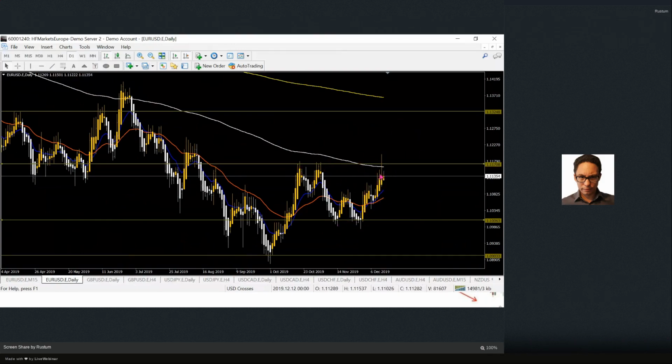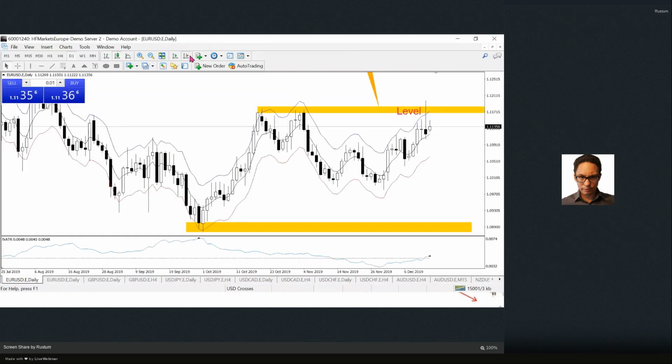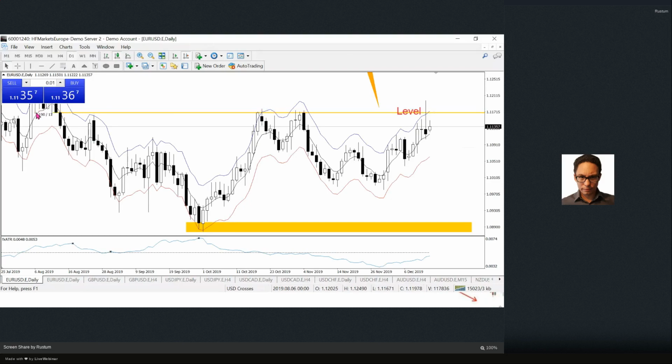Now, if you looked at a few days ago, prices were, maybe this is Thursday, and then Friday prices come through that area. Then on the daily now you get the same sort of situation, with prices going through. Firstly, you have a good zone.